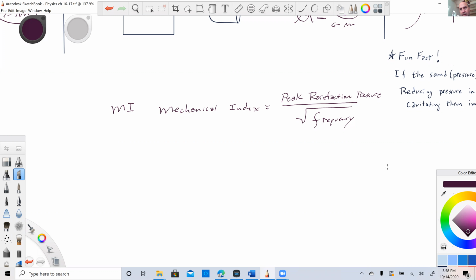Now, we're never going to work on this, but mechanical index is an index that tells us how much work is being done on molecules and the cells and the embryo. And so it's a strong indicator of bioeffects.